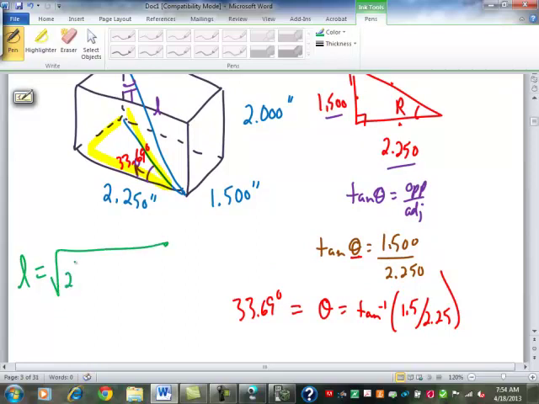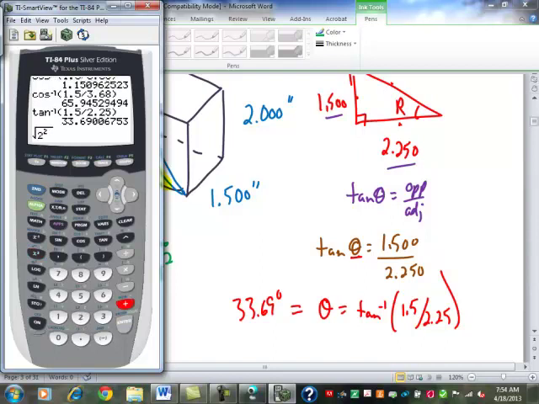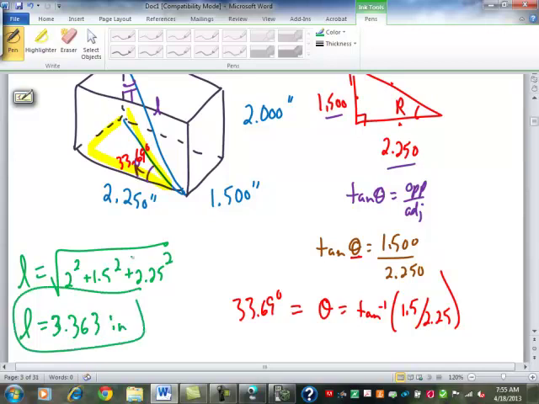That's going to be the square root of 2 squared plus 1.5 squared plus 2.25 squared, which is 3.363, it looks like. So that's the length of my cut.